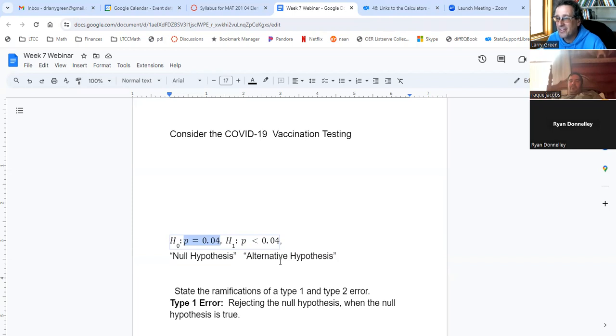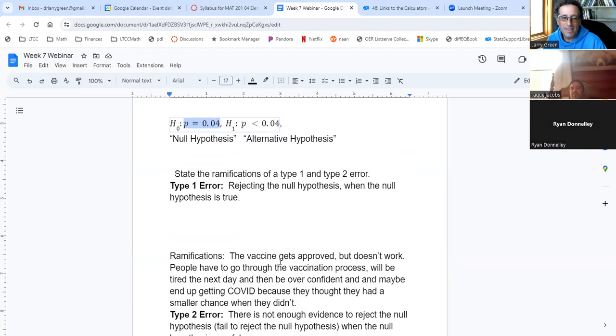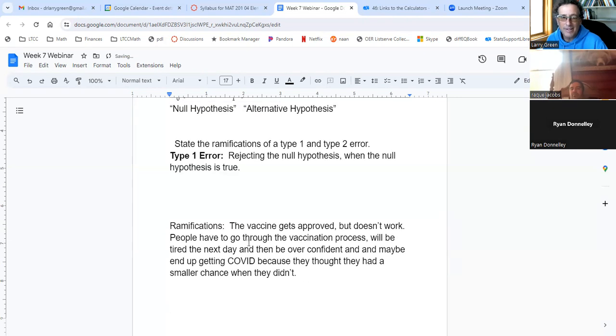Yeah, that would mean that the FDA approves the vaccination and it doesn't work. Okay? So let me give you the ramifications of a type 1 error. So that means the vaccination gets approved, but it doesn't work. So people have to go through the vaccination process.